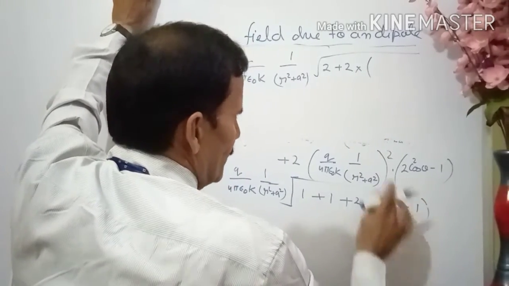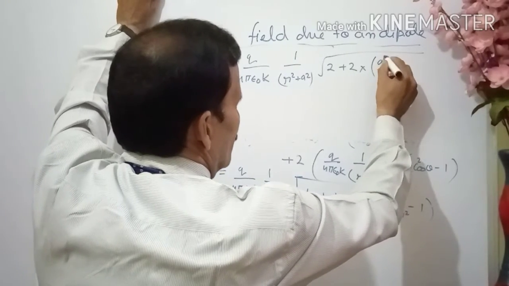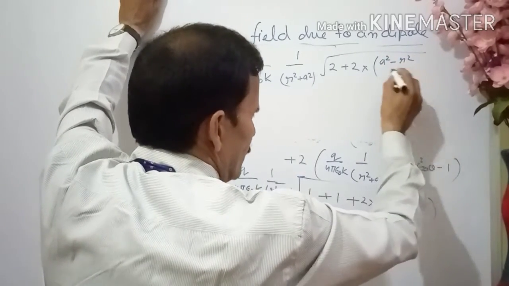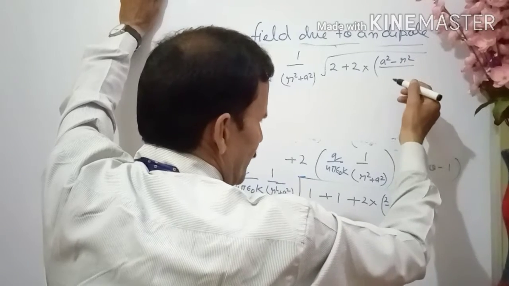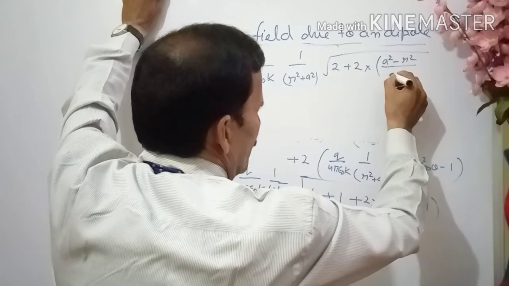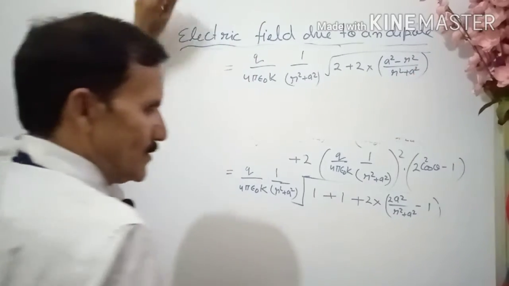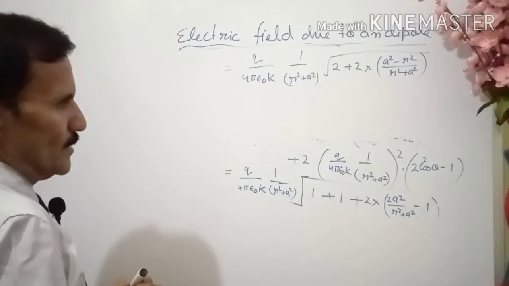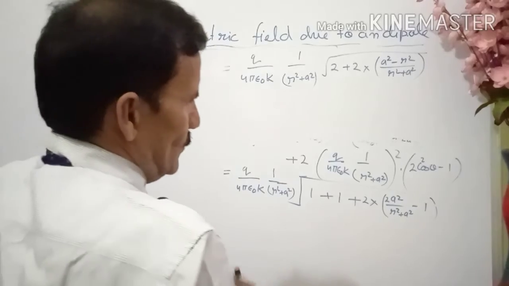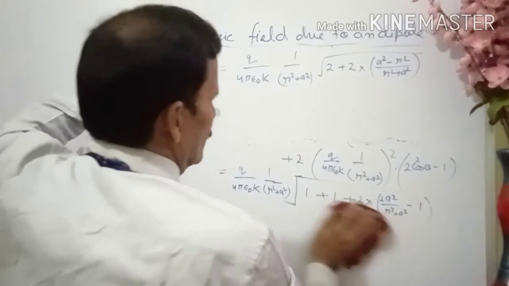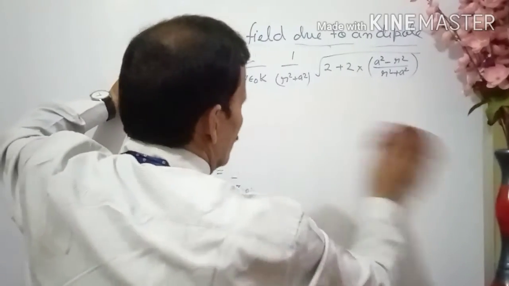So a square will be missing. So it is a square minus r square whole divided by r square plus a square. Okay. This is this much.